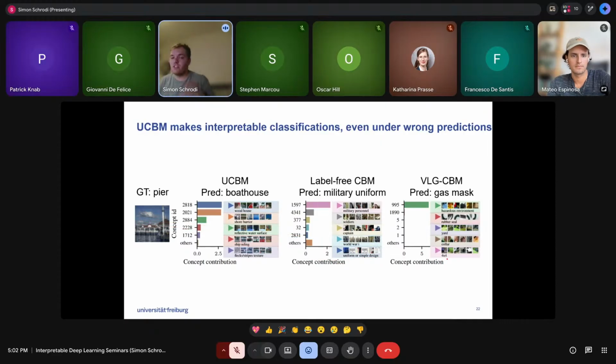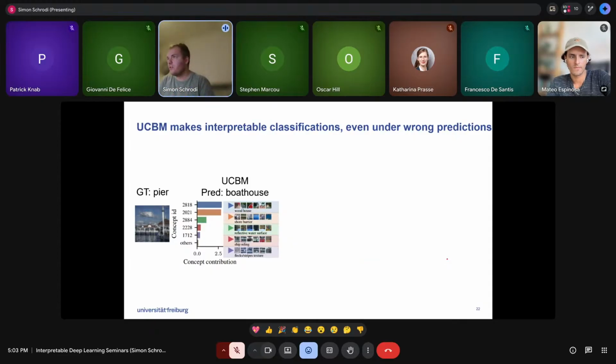Just to be fair, this is a random example. It is not cherry-picked. I just found one where all the methods make an error and picked it. In the paper, we have a couple of them. If you do this kind of research, it is very worthwhile to look into these cases, because they give you a better understanding of whether your model actually uses the right concepts and if it's sensible.